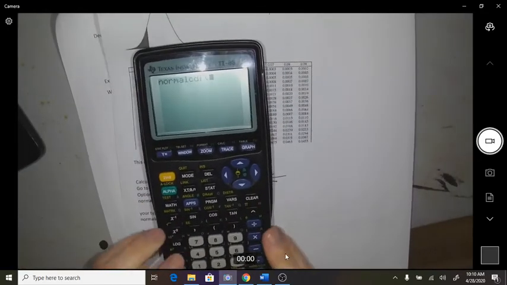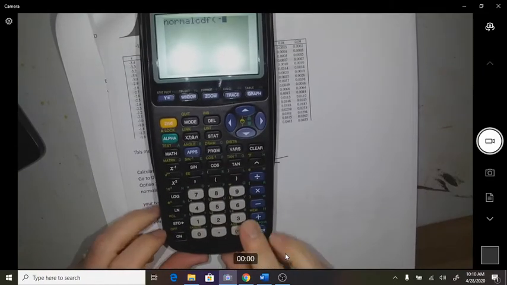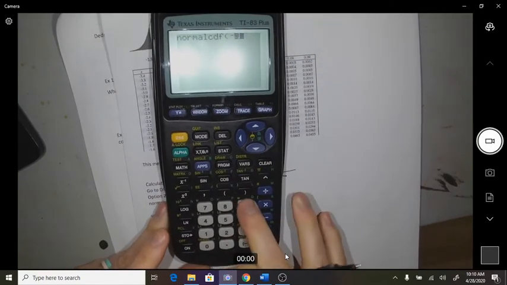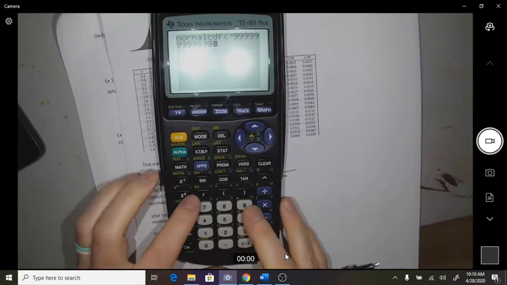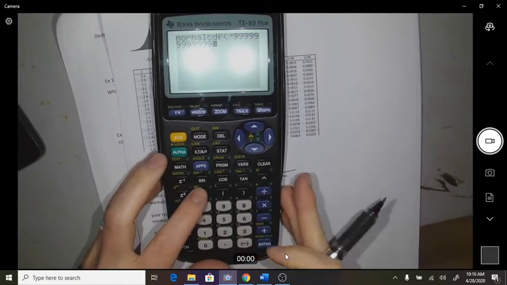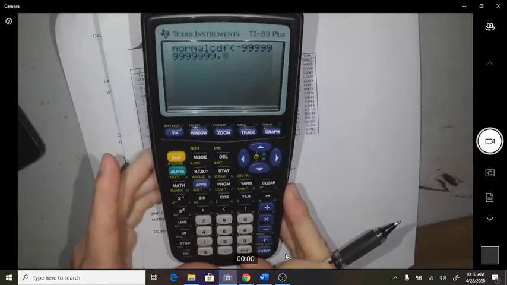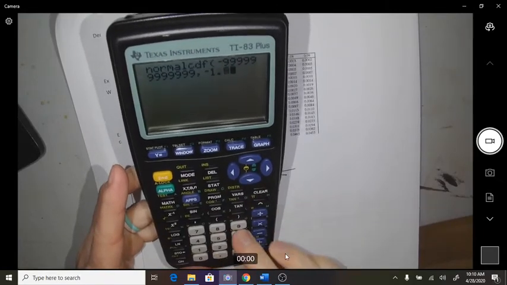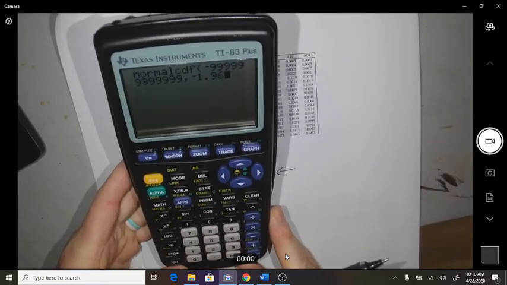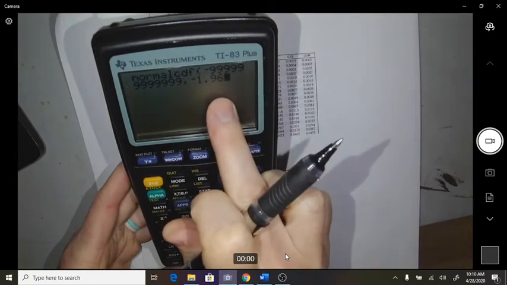Okay, so if I'm saying to the left of it, the furthest left is negative infinity. So negative 999999999. That's negative infinity for us because we can't do infinity. Comma to negative 1.96. So I want to go below that.